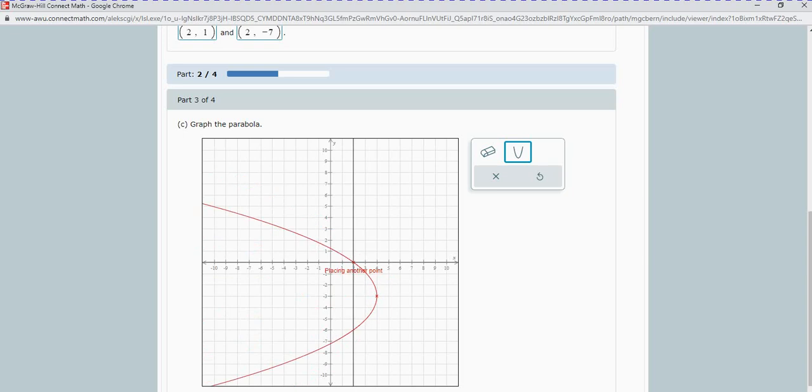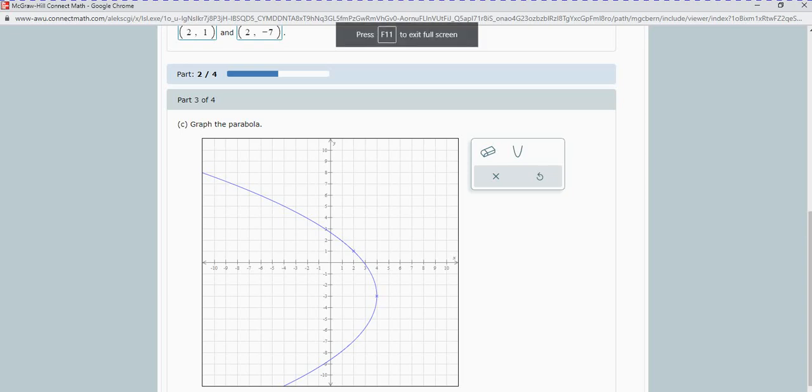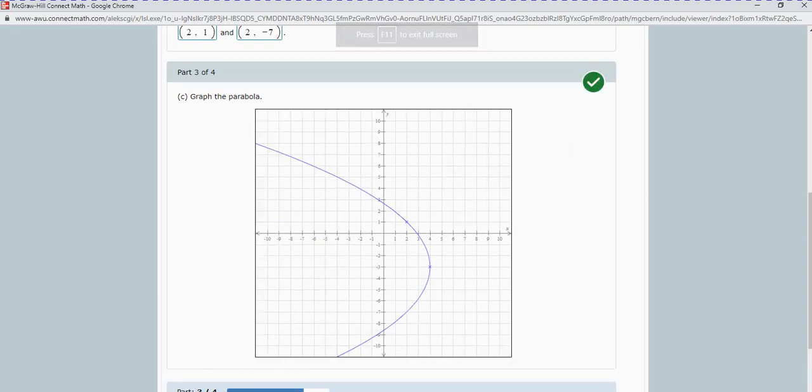So if we use 2, 1, here's 2, 1, place the point, and we've got our graph. So notice we needed 3 things here. We needed the vertex, we needed the orientation, and then we needed to place another point. And one of the latus rectum endpoints, since you've already found it, that's a good one to use. So let's check the answer. And there we go. We've got a good graph.